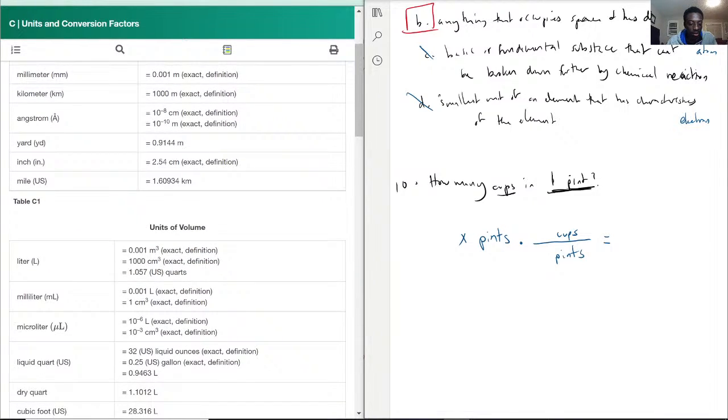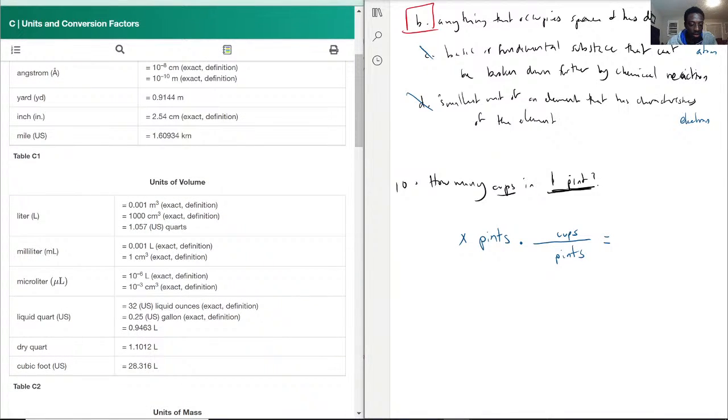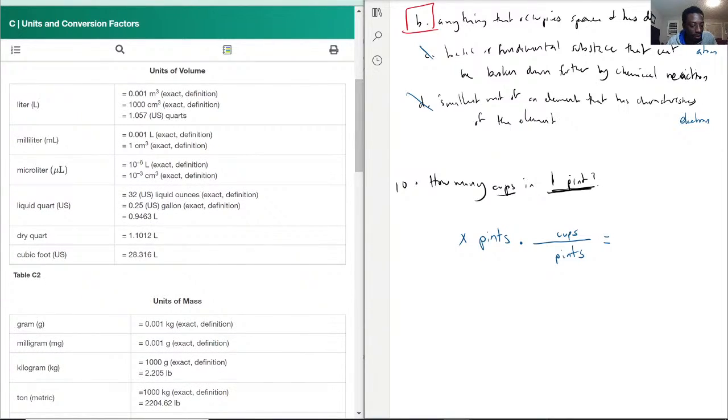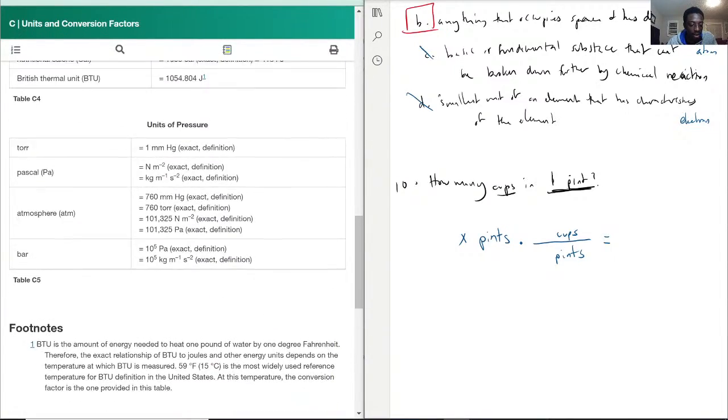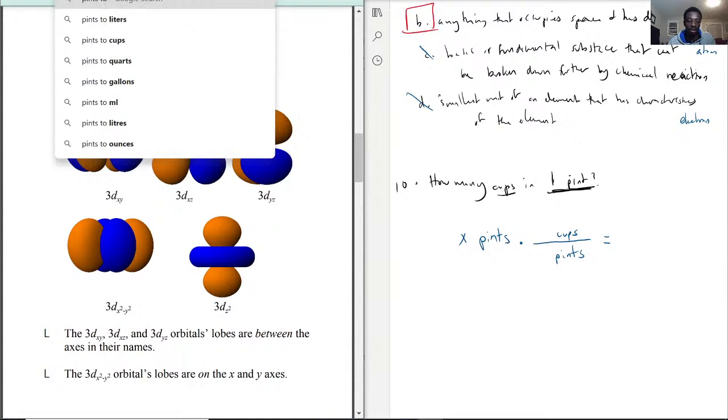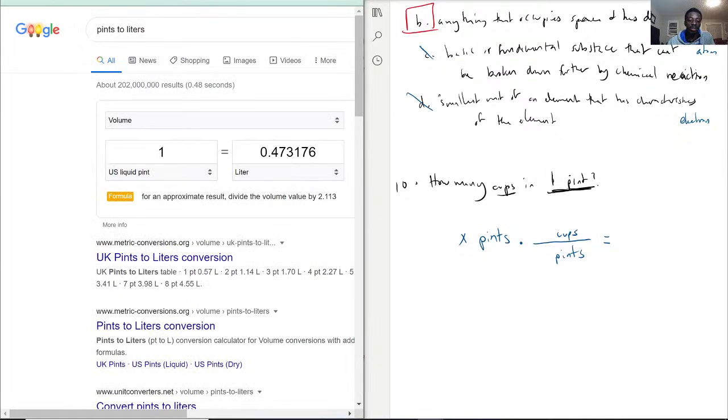So units of volume, okay? Once again, something that we do not have, a pint. It's not a common thing to measure things out of, but still nonetheless, pints to liters. Let's start there actually. That way we have multiple steps.